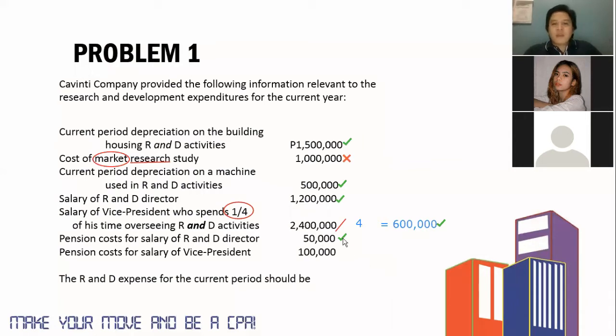Since 1/4 lang yung na-recognize natin dun sa salary niya, then therefore automatic, we can also assume that 1/4 lang rin yung i-consider natin for the pension of the salary of the vice president. Therefore, we have to divide it by 4, which will only total to 25,000.